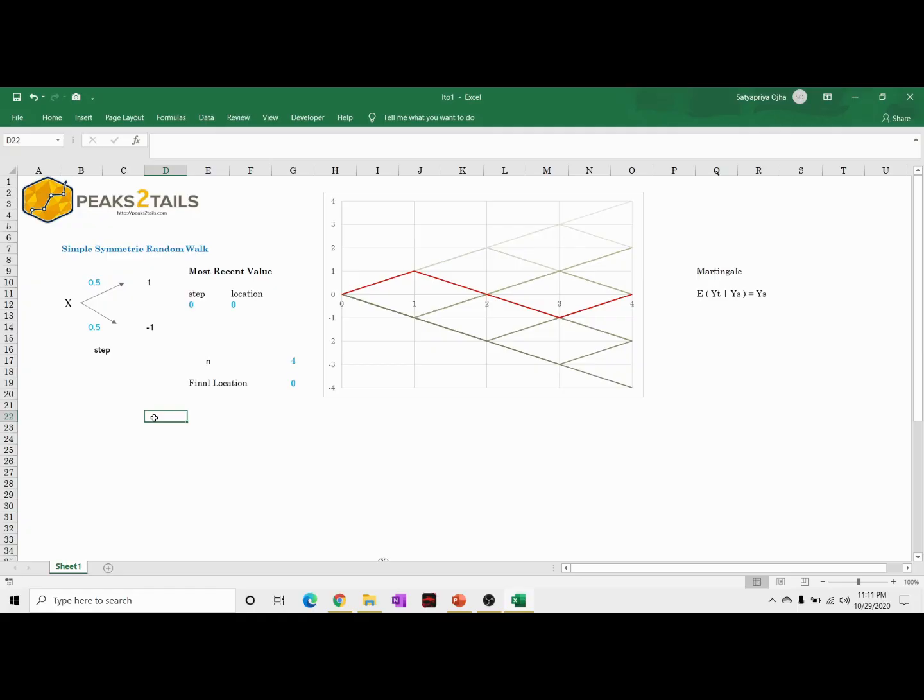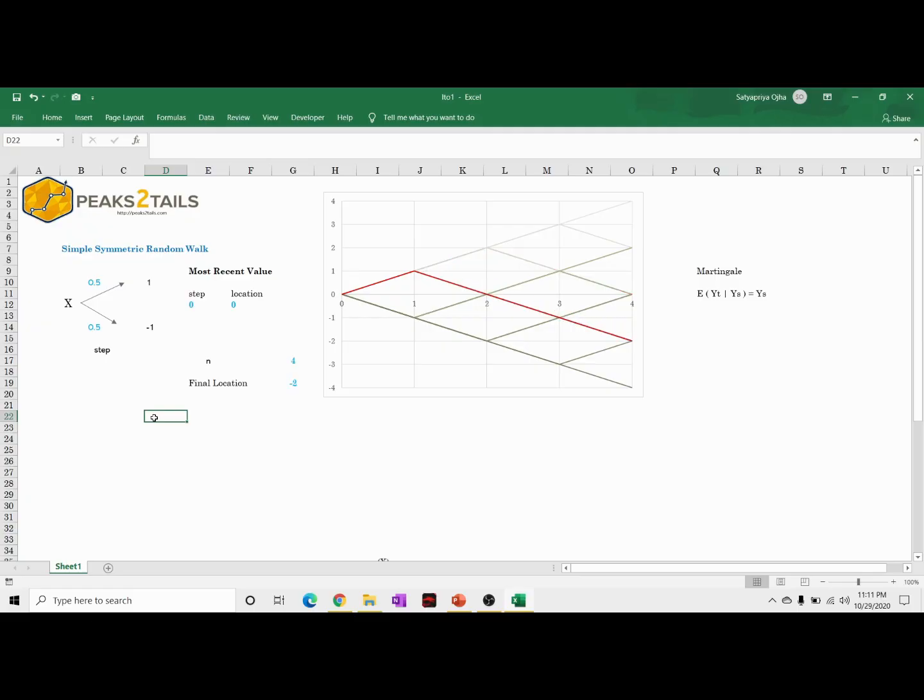It is symmetric. Now, since the future average is 0, which is equal to the starting position, which is also 0, we call that process a martingale. So a martingale is basically a process where your future expectation is equal to the most recent value.